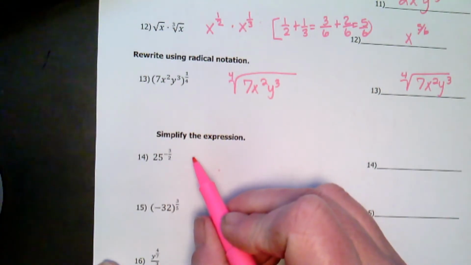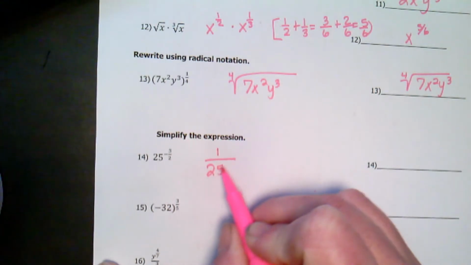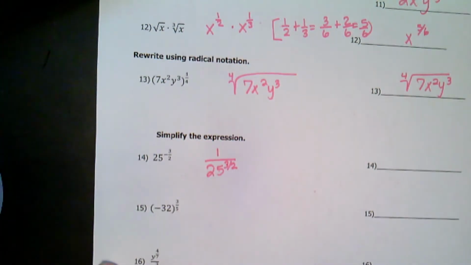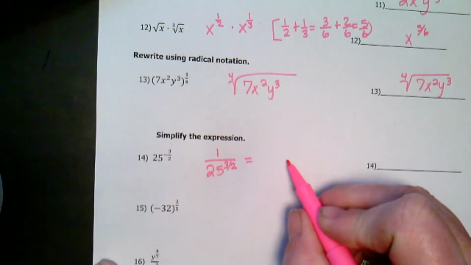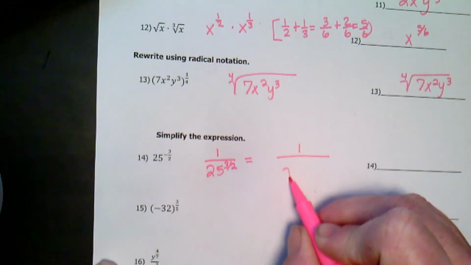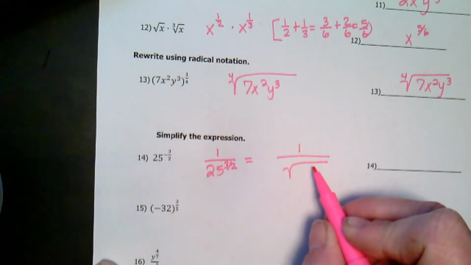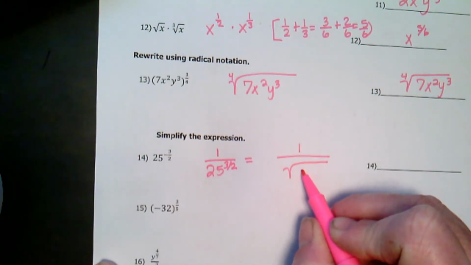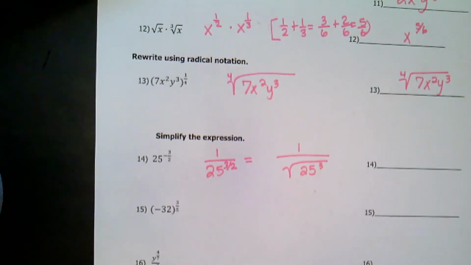So we have a negative exponent, so that's the first thing we want to take care of, is let's put it in the bottom so that we can get rid of the negative exponent. And then we're going to go ahead and simplify this. So we know it's going to be 1, and the bottom number, that's a 2, but we don't write it when it's like this. And then we just do 25 to the third, and we can actually simplify this.